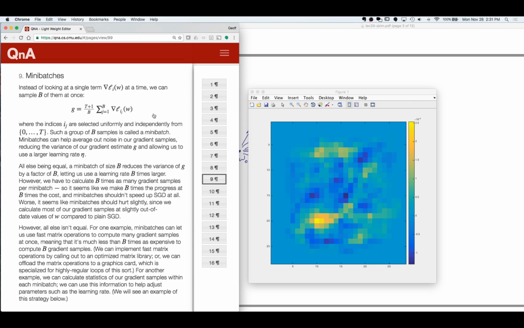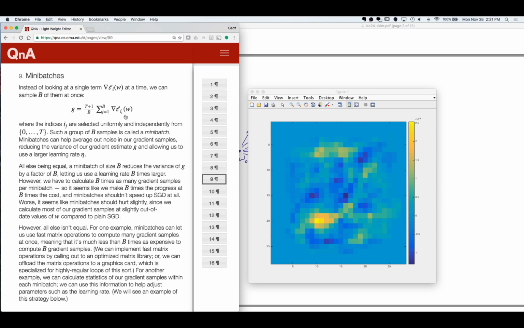And why would we want to do a mini batch? Well, we can average out the noise in our gradient samples. We can get G using this definition that is going to be less noisy than G using the definition from the previous section. And so that'll let us use a larger learning rate eta. Now, if we do a back of the envelope calculation, a mini batch of size B will reduce the variance of G by a factor of B, and that lets us use a learning rate B times larger.